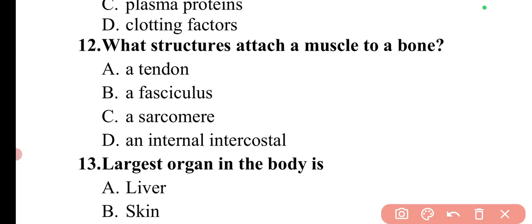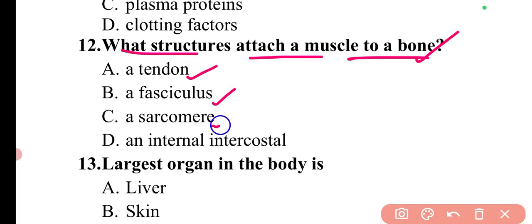Next question is, what structures attach a muscle to a bone? Options are tendon, fasciculus, sarcomere, and internal intercostal. The correct answer is option number A, tendon.